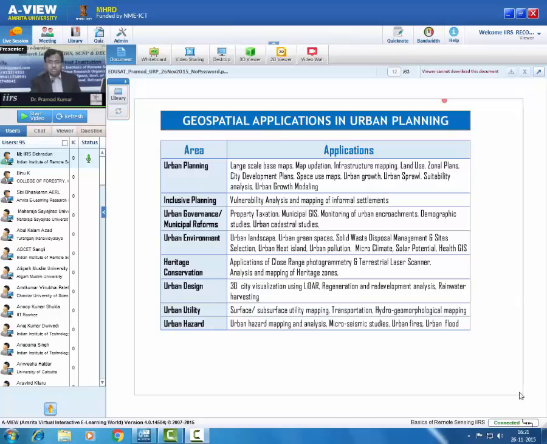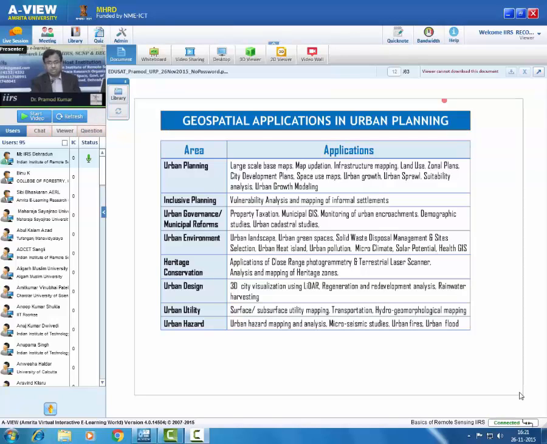There are applications of close range photogrammetry and other high-tech instruments in heritage conservation. Based on multi-view technology and using these instruments, we can generate 3D models, and these 3D models will help us create a database. This database can also help in several other areas.